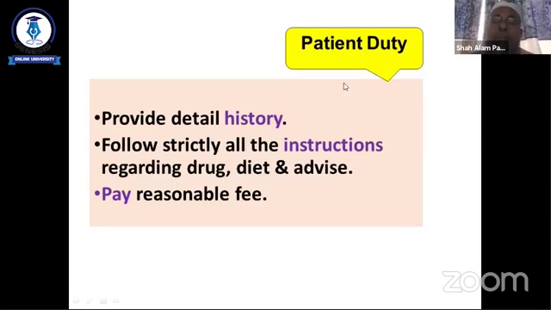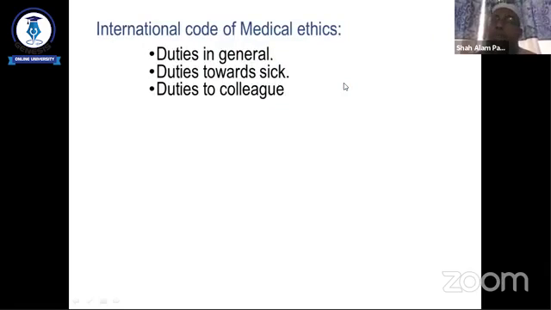Now come to the duties of a doctor. We already discussed in our previous lecture that the International Code of Medical Ethics defines three sets of duties for doctors. Number one, duties in general.